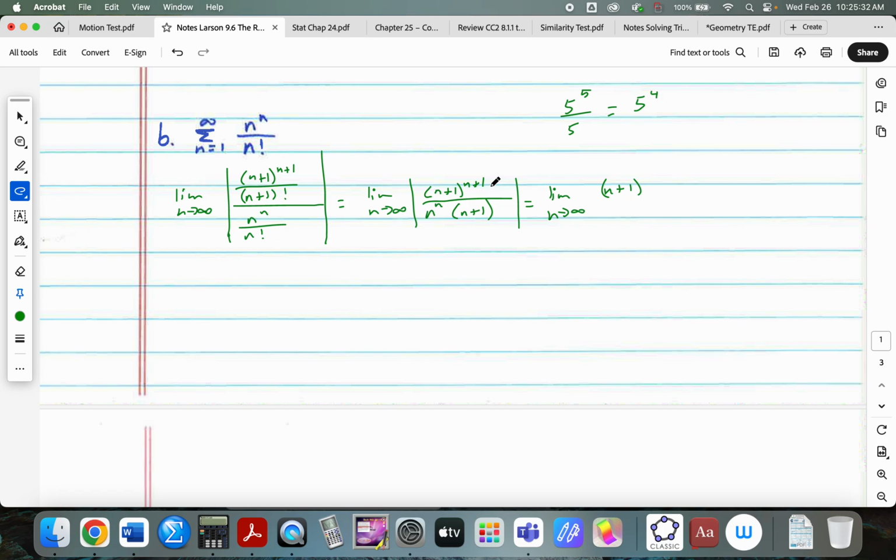But the power now, instead of being n plus 1, is just going to be n when I divide over n to the nth. Well, I can write that as a single power. That'll be the limit as n goes to infinity of the absolute value of n plus 1 over n to the nth.